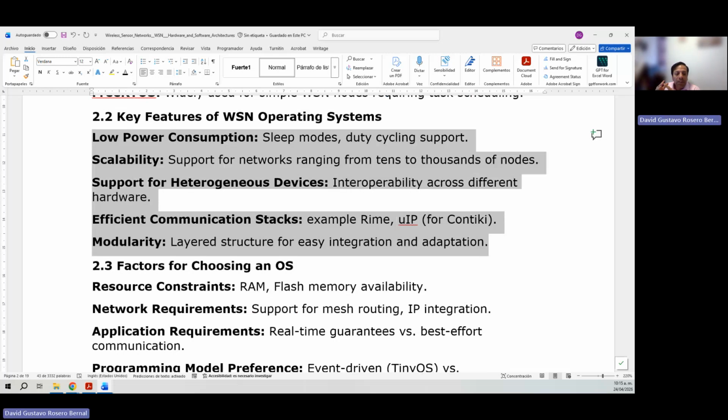We need to include as well the lightweight network stacks. For example, the Contiki stack allowing even 8-bit microcontrollers to implement IPv6 communications. We need to include as well the dynamic reconfiguration of operating systems.